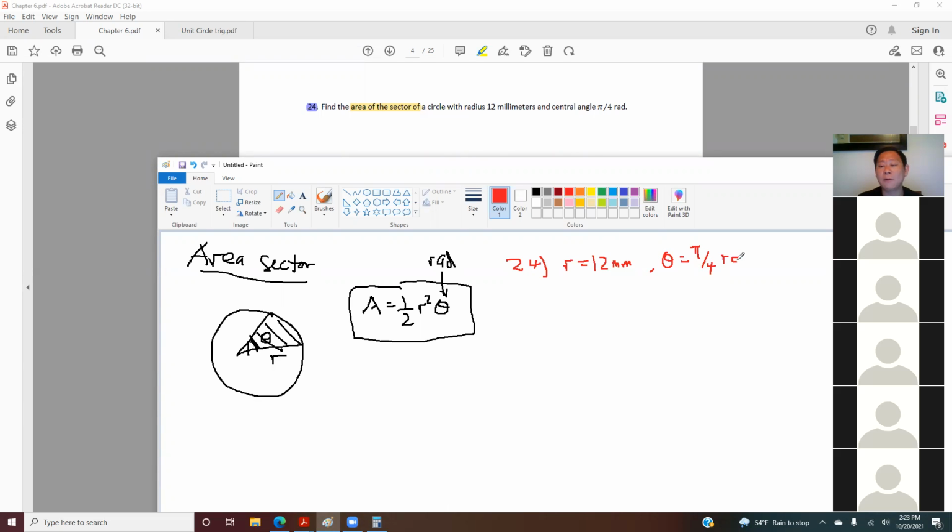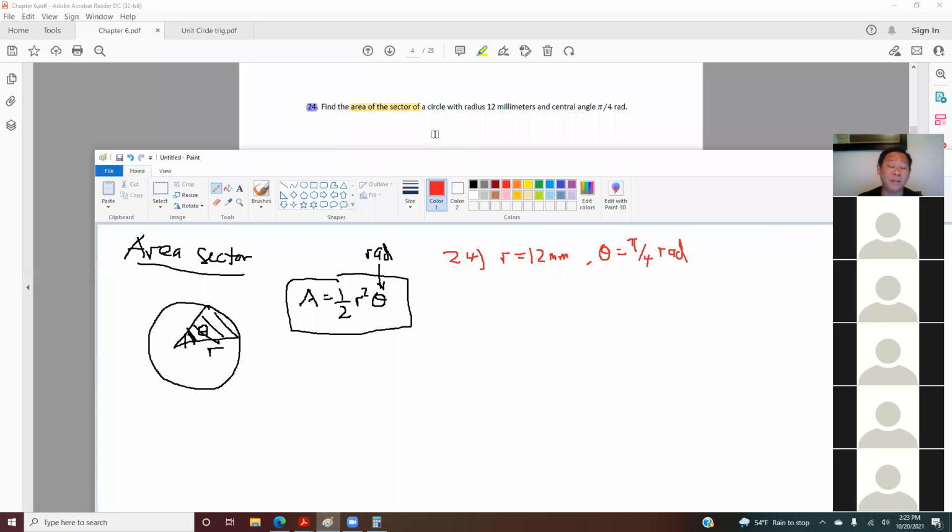Now the good news about this is the theta is already in radians, so you do not need to convert it. If it's in degrees, you have to convert. So what you do now, class, is plug all this into this formula. I want you guys to go ahead and do it on your own. Plug all this into this formula and see what you guys got.